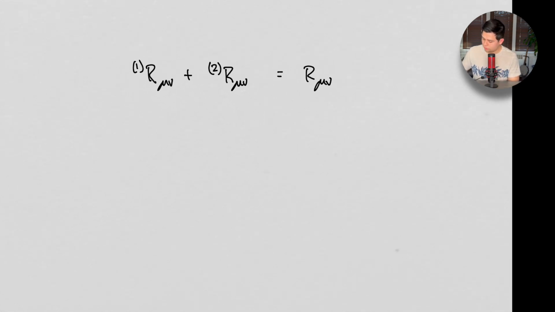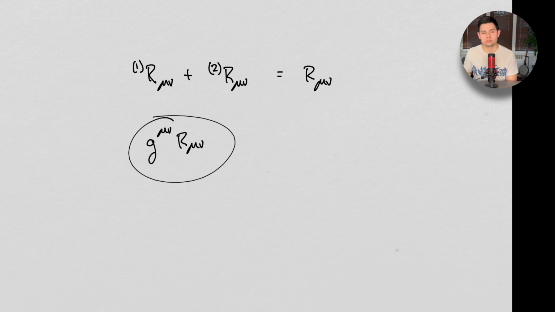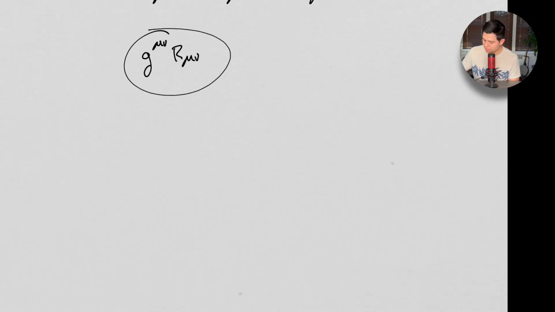And so now what we want to do is find the determinant of G mu nu and R mu nu, right? Because this is important. This is going to show up in our Lagrangian for quantum gravity. Our Lagrangian for quantum gravity, again, is going to look like this.